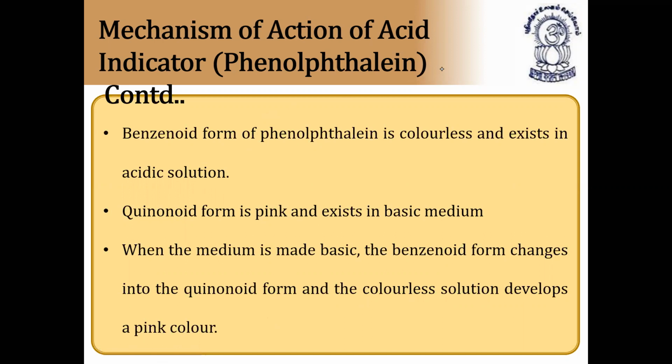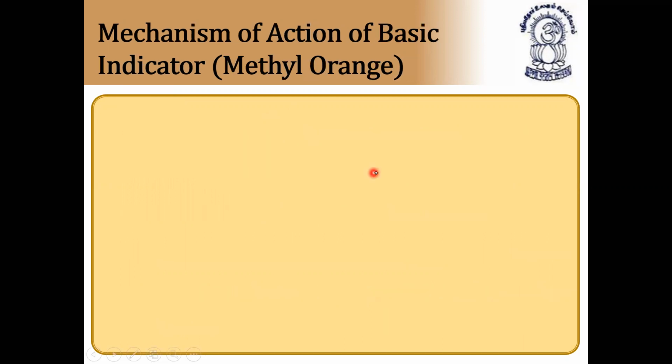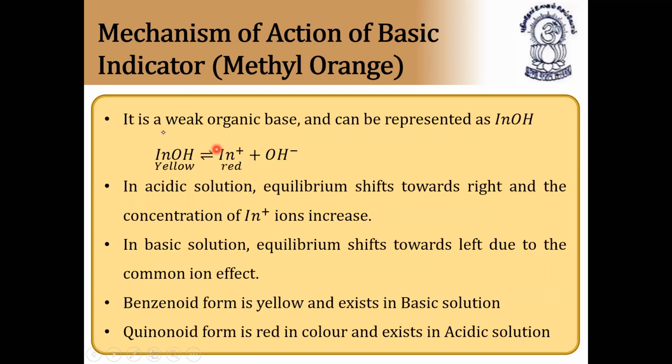Continuation now. Methyl orange is a basic indicator. It is a weak organic base, that is indium hydroxide, and can be represented as INOH. INOH is yellow color, IN plus is red, and OH minus is colorless.